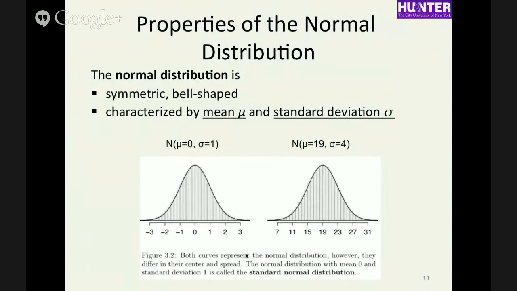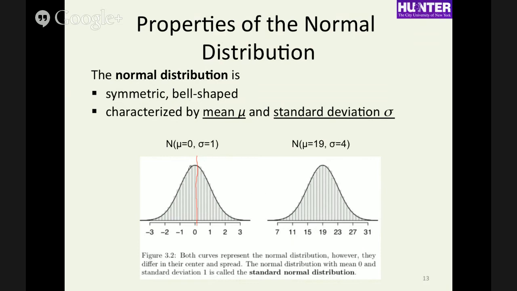You pick the midpoint, then it's symmetric about that. It's a mirror image. It's bell-shaped, just meaning that it's highest in the middle and it goes down towards 0 on either side. And it's characterized by just 2 numbers, a mean and a standard deviation. The mean is where that center is, and the standard deviation tells you how wide it is.